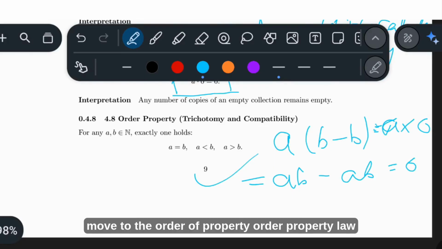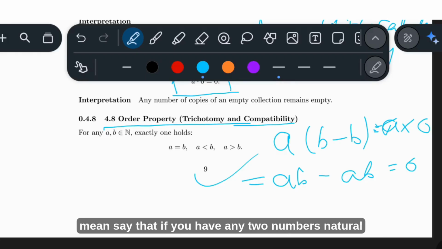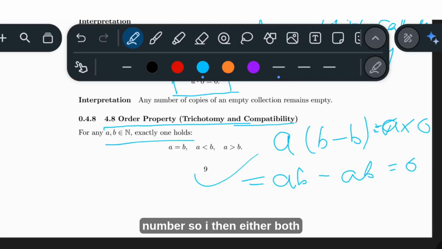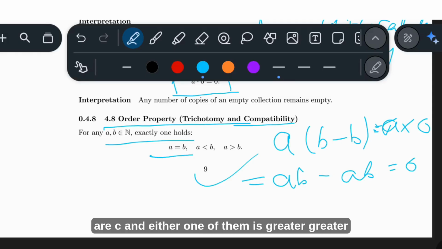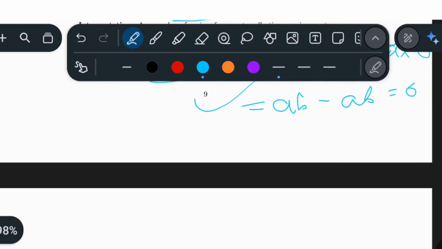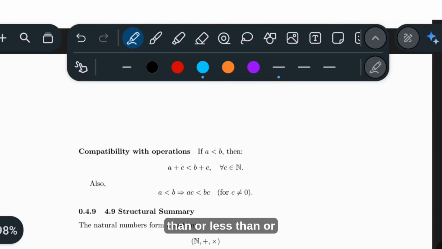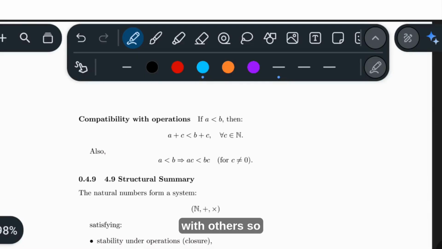Now move to the order property: law of dichotomy and compatibility. What does the law of dichotomy say? If you have any two natural numbers, then either both are the same, or one of them is greater than or less than the other.